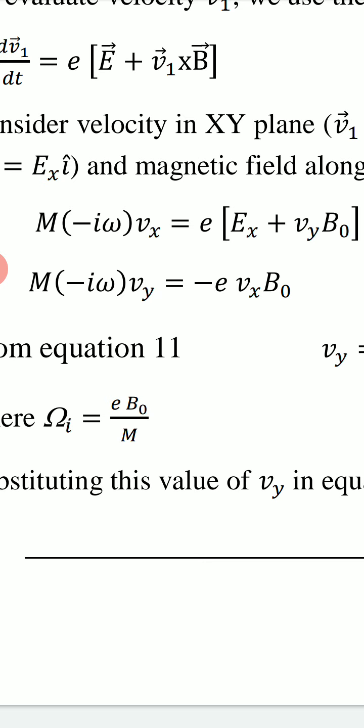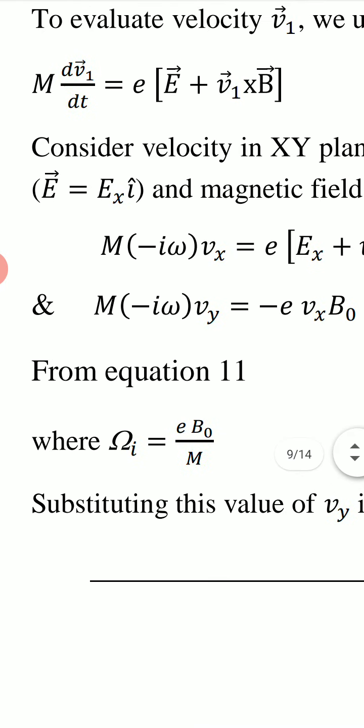The second row has the components of v1 vector, that are Vx, Vy and 0. In the third row we have the components of B vector, that are 0, 0, B0, because B vector is along the direction of the z-axis. By solving this determinant, we find the x component as Vy B0 and the y component as minus Vx B0.